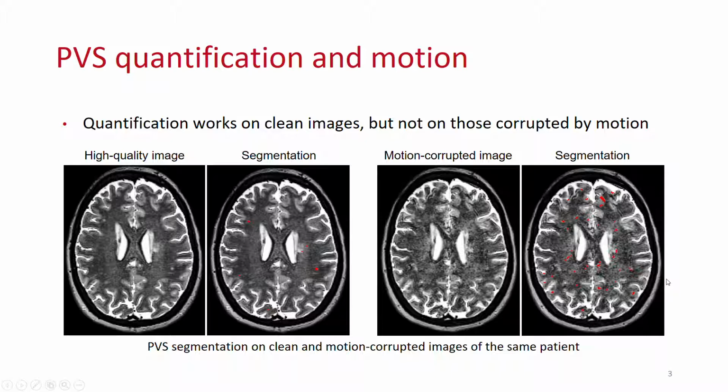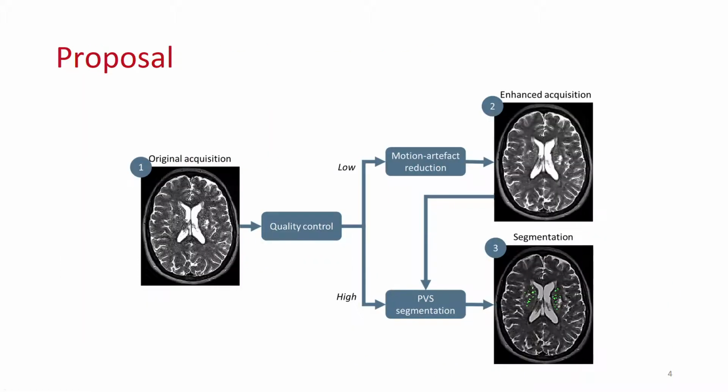To deal with this problem, we've proposed a three-step framework. First, given an input image, we examine its quality. If it's of low quality, then we reduce motion artifacts and then segment perivascular spaces. But if it's of high quality, we go straight to segmenting perivascular spaces, because filtering a high quality image is actually counterproductive.